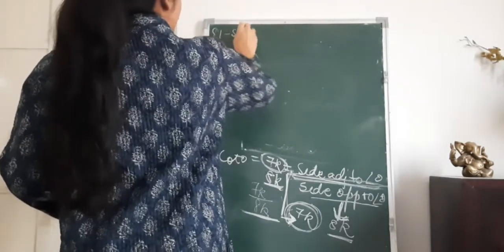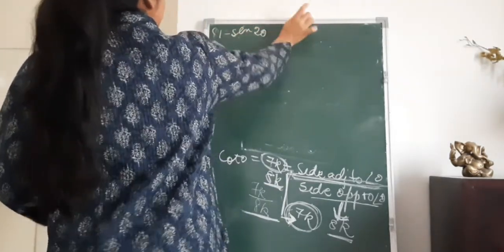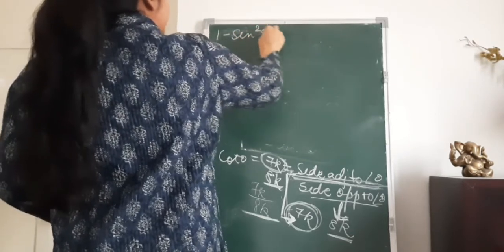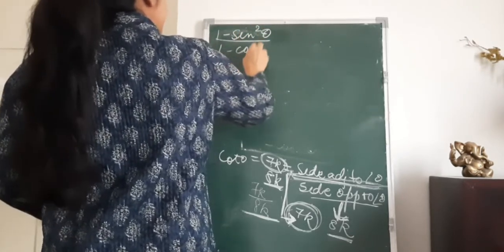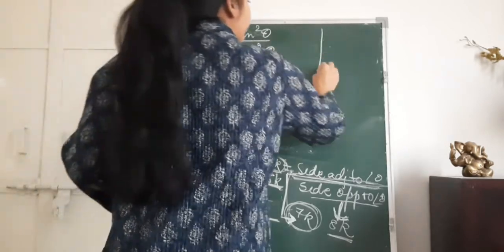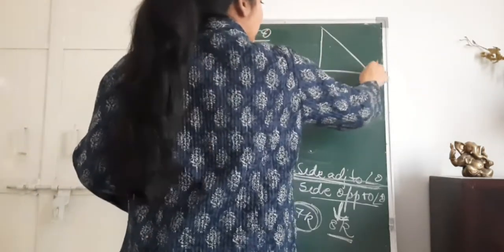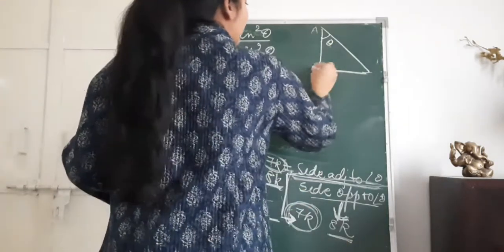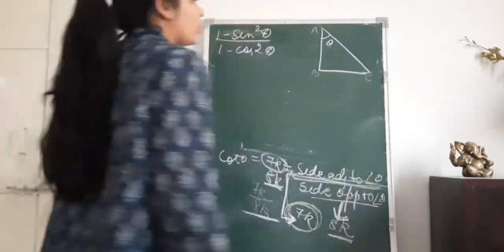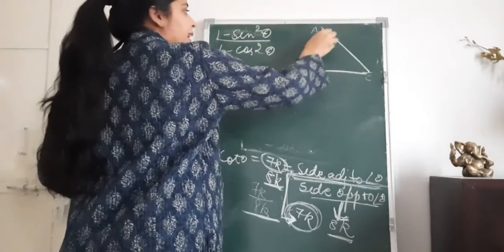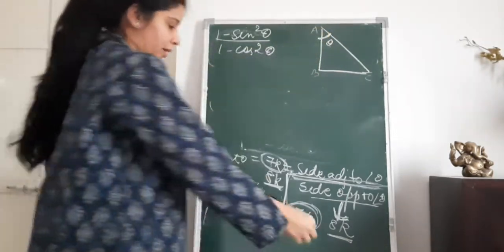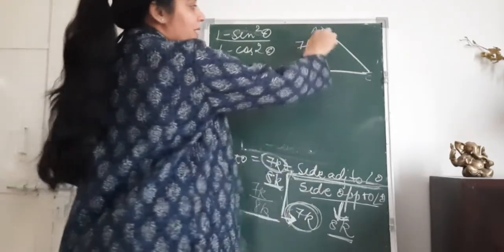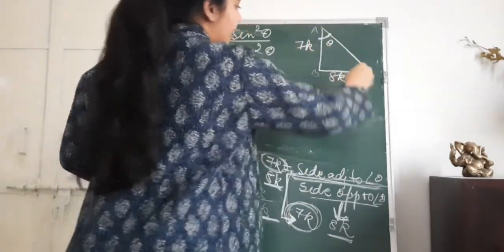This is what I have to find out, keeping this here: 1 minus sin square theta upon 1 minus cos square theta. Okay. Side adjacent to angle theta is 7k. Side opposite to angle theta is 8k.